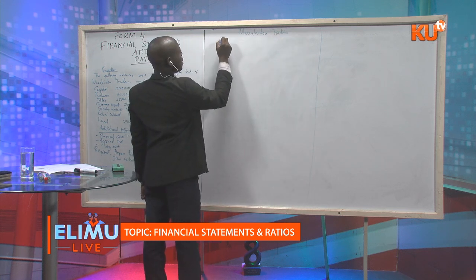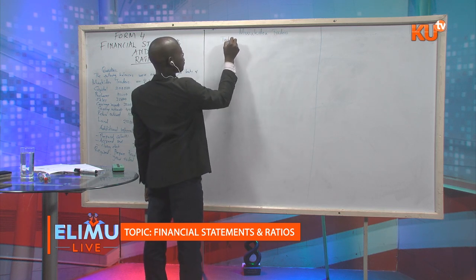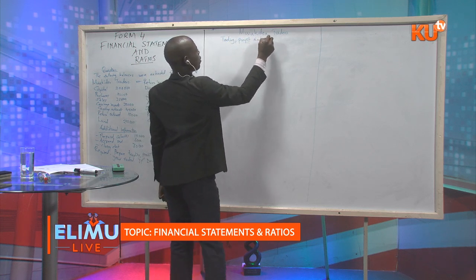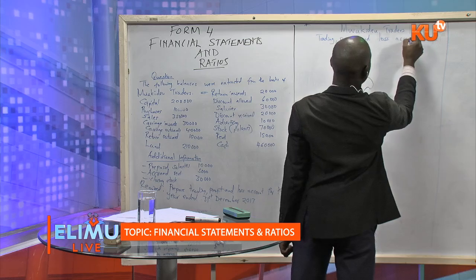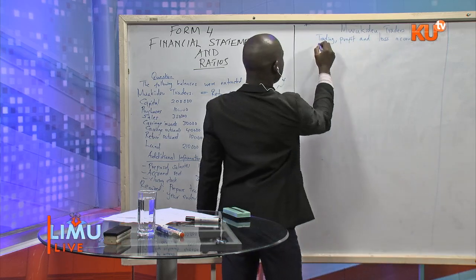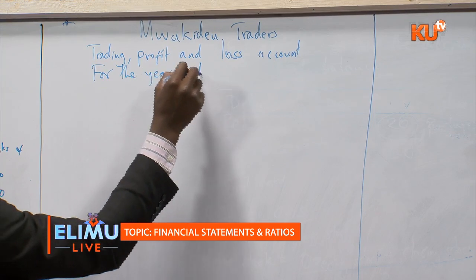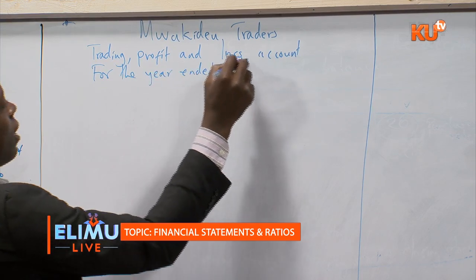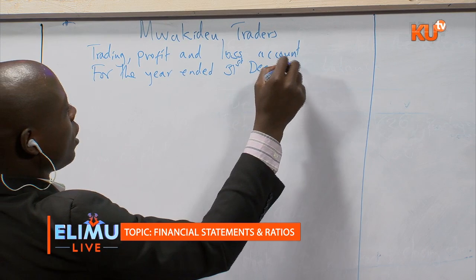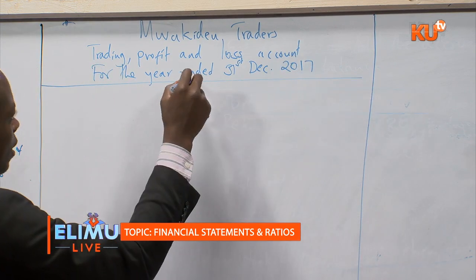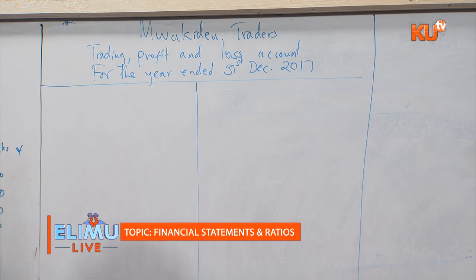The name of the statement is Trading Profit and Loss Account. And we are preparing it for the year ended 31st December 2017.